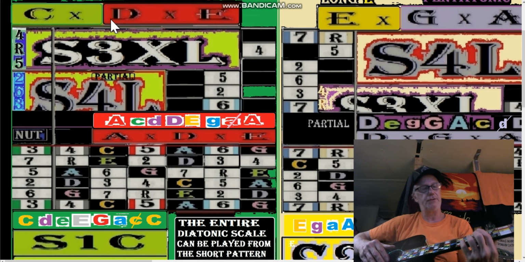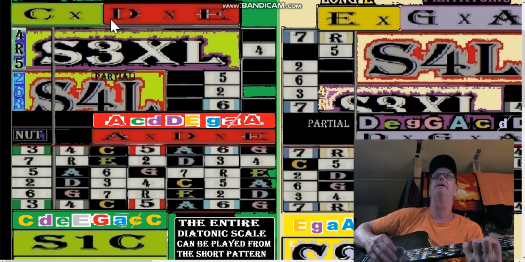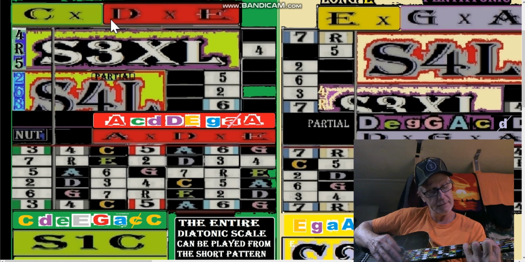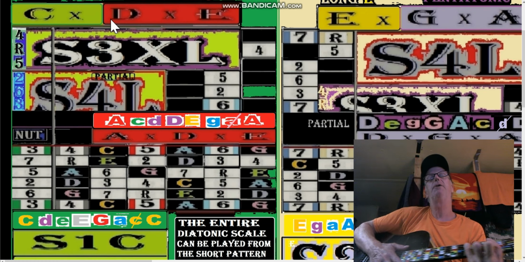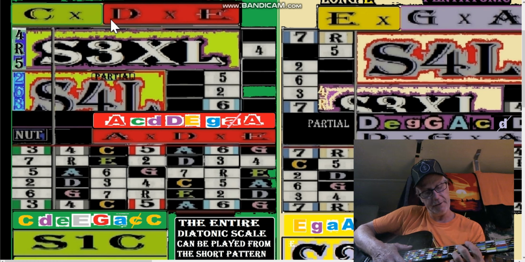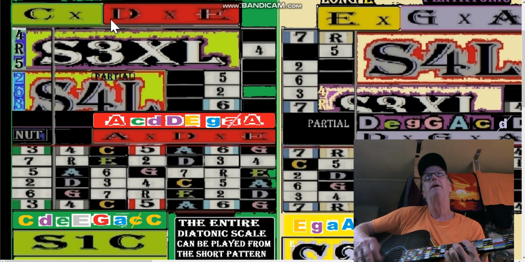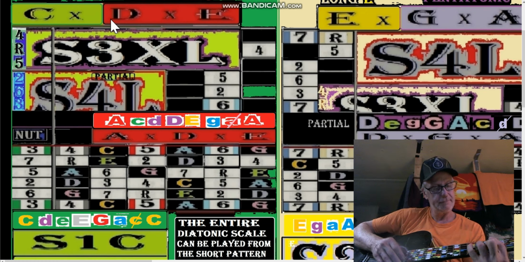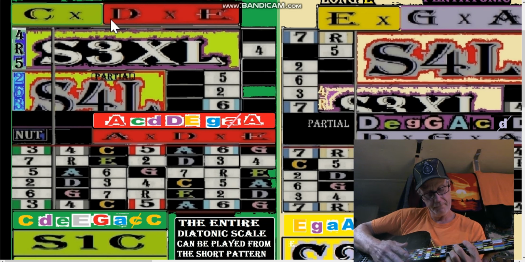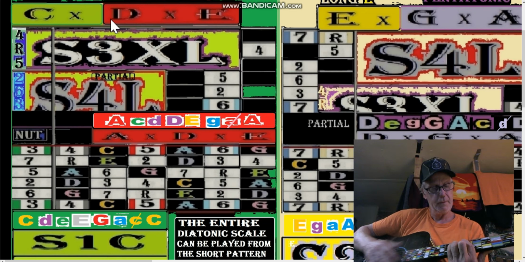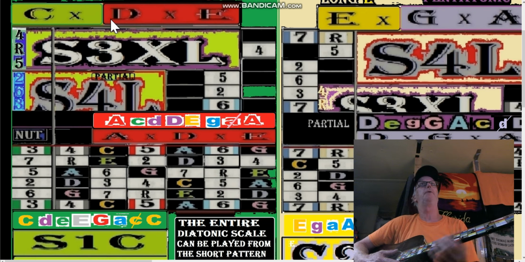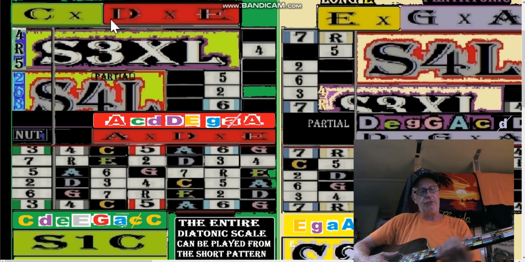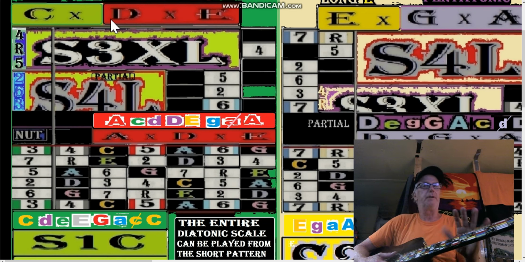So what it means is we play the C pattern down here, play the C pattern down here, and then if we go to the A pattern for the 4th, we would go to the D shape, and then we go to the E, to the 5th G shape. See what I'm saying? So that's what we're outlining with the long. That's the 2 short patterns. It's a double caged ladder.